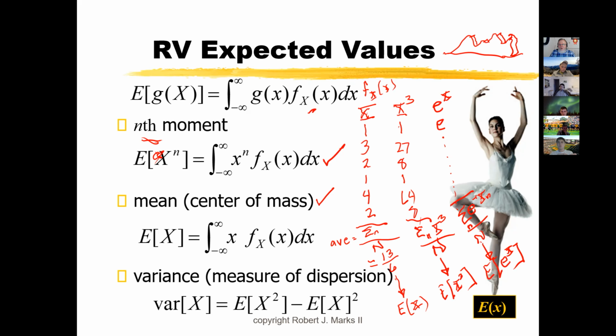But you cut out a piece of wood and you ask yourself, where does that piece of wood balance? So I'm going to try to draw a hand here, which is balancing that piece of wood. And you put your finger on that balancing point. That is the mean. That is the first moment of the piece of wood under the assumption that the piece of wood has a unit area, which our density function does. So you always interpret the mean as the point where the probability density function balances.